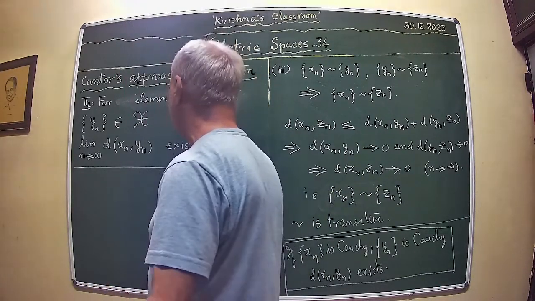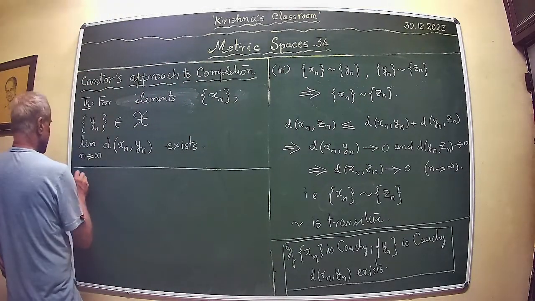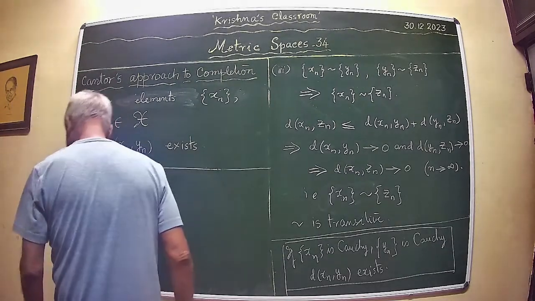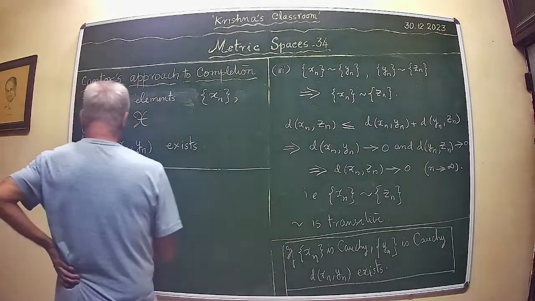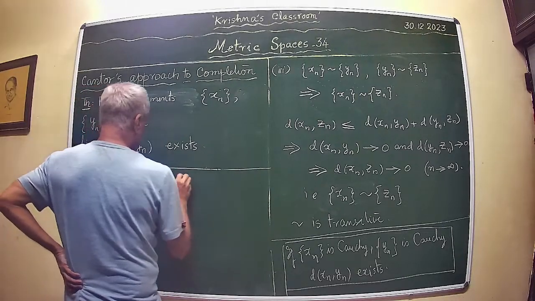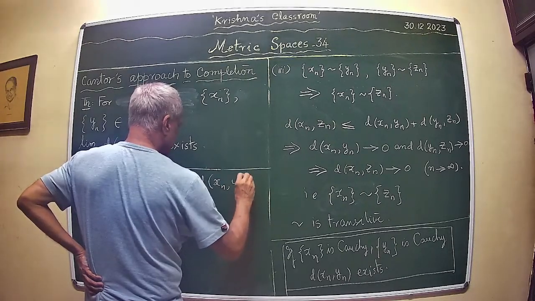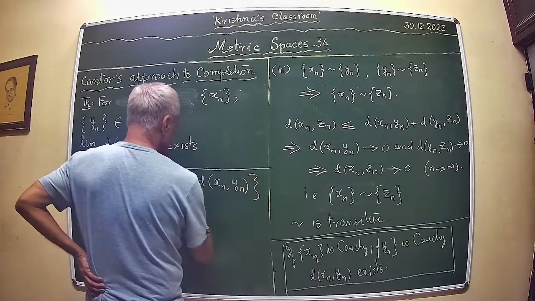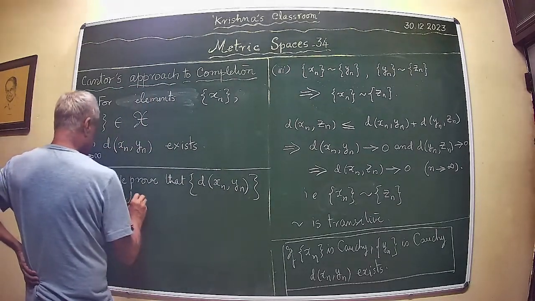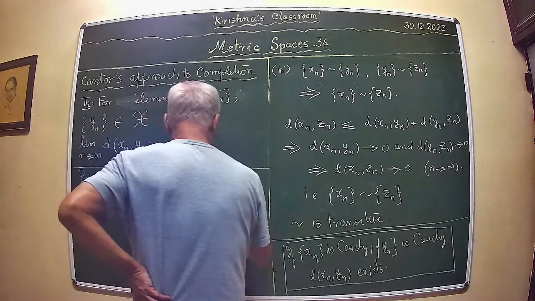So what we do is this. You know that we prove that is a Cauchy sequence of real numbers.